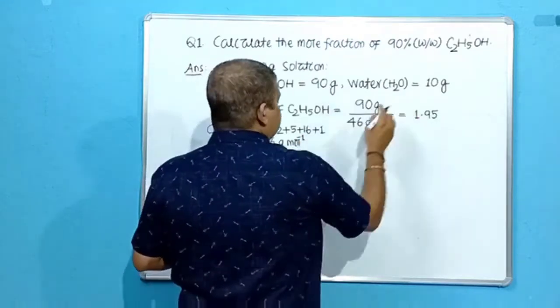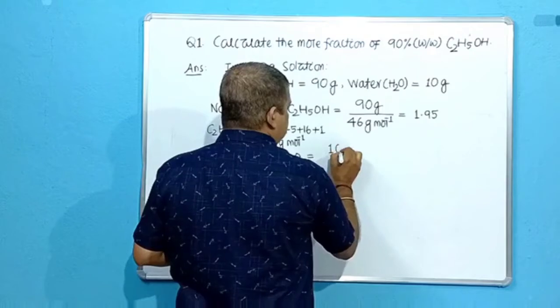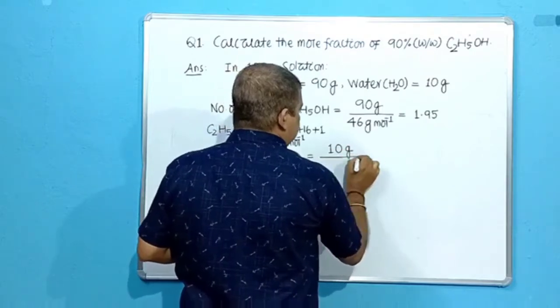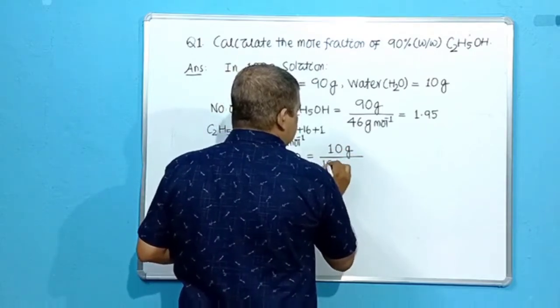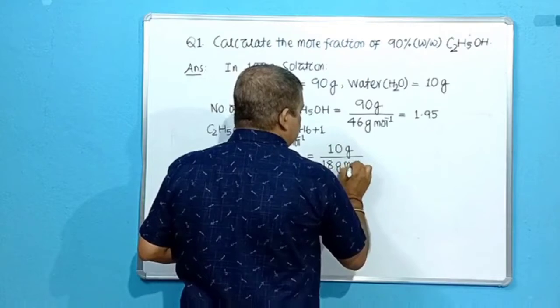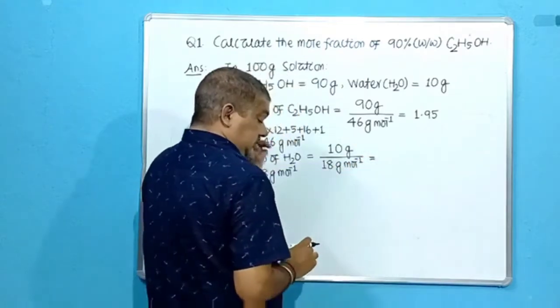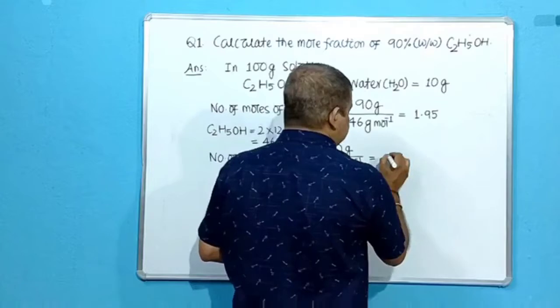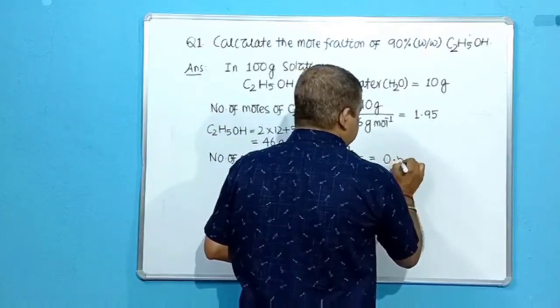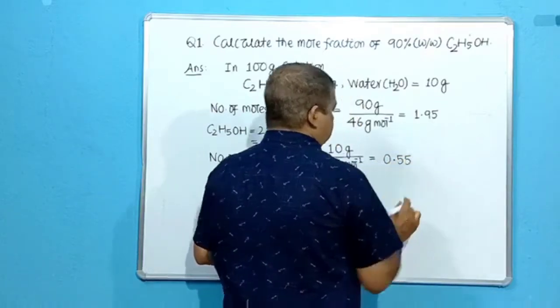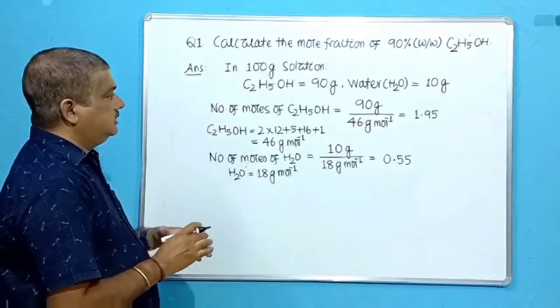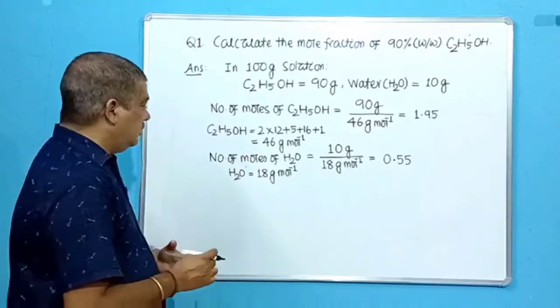So the given mass of water is 10 gram. 10 gram divided by 18 gram per mole. So it will be 0.55 mole. So this is how you have to find out the moles.